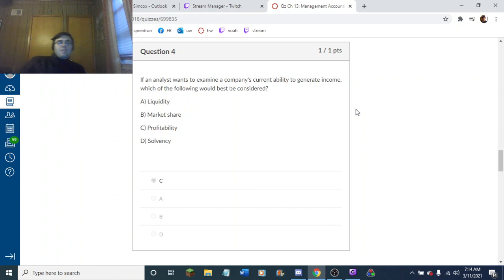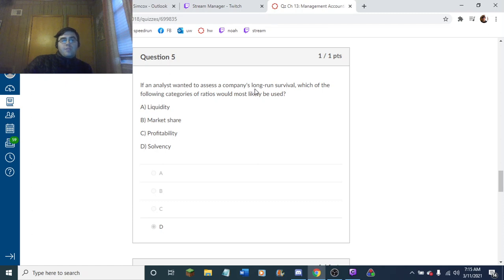If an analyst wants to examine a company's current ability to generate income, the current ability to generate income is profitability.